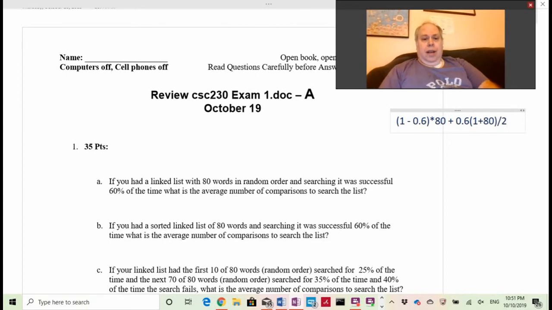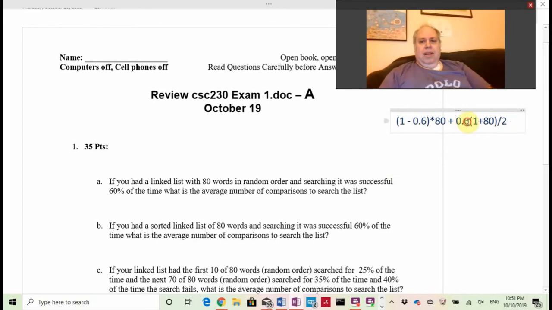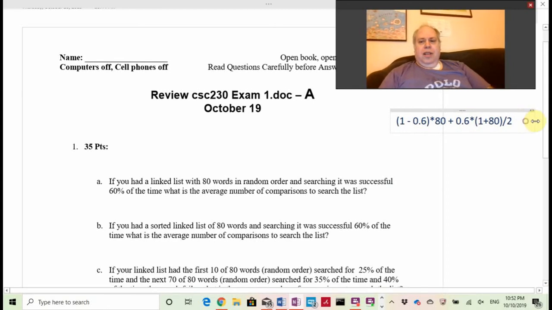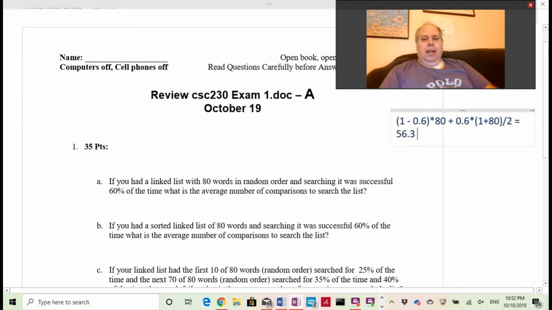The arithmetic for that is 0.6 times 1 plus 80 over 2. This guy is a little bit of a stickler for putting in those multiplication signs. And that's going to be 56.3, and that's the answer to part A.